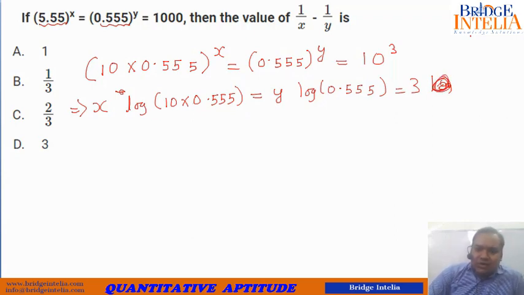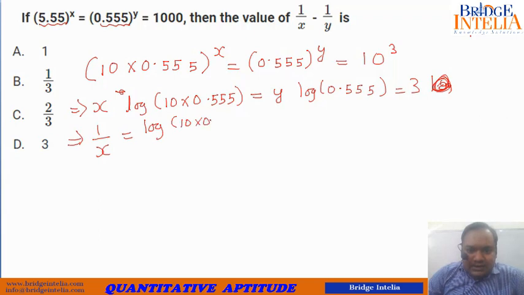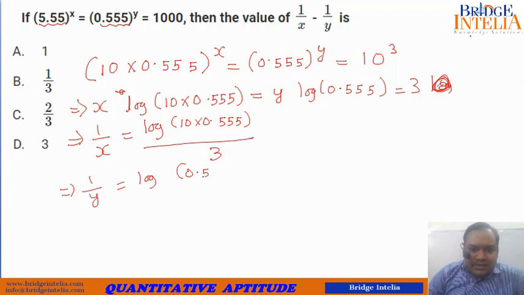So now what? From here you can see that 1 by x is equal to log of 10 into 0.555 whole divided by 3. Similarly, 1 by y is equal to log of 0.555 by 3.